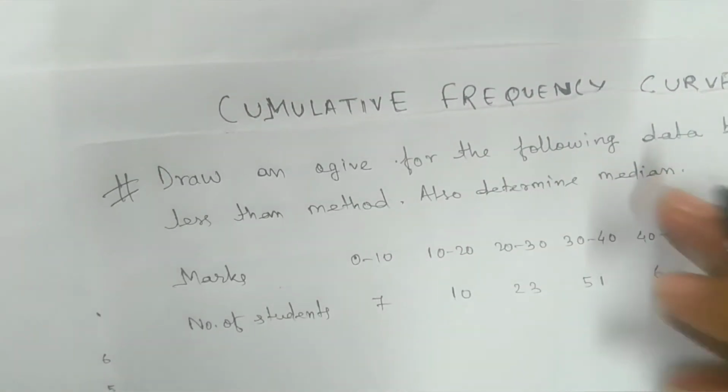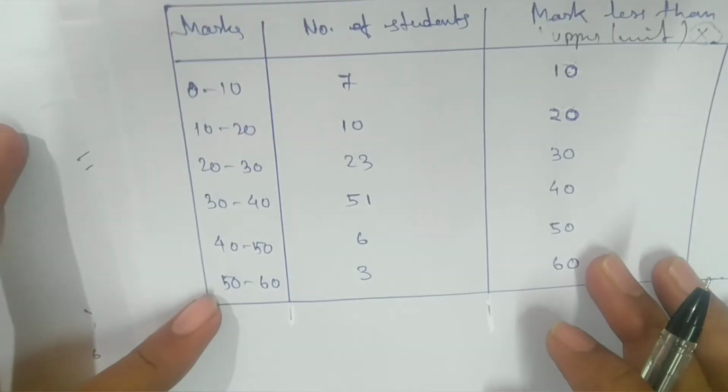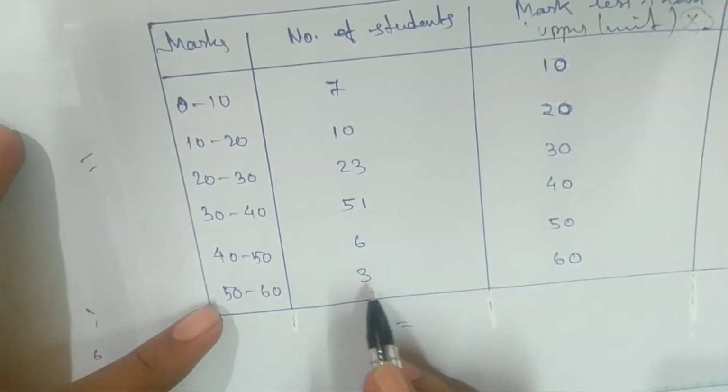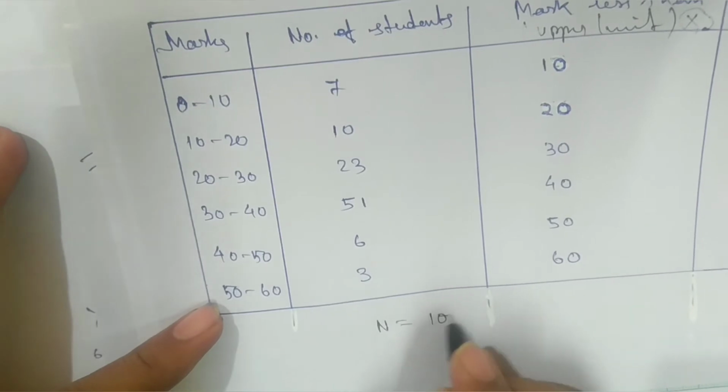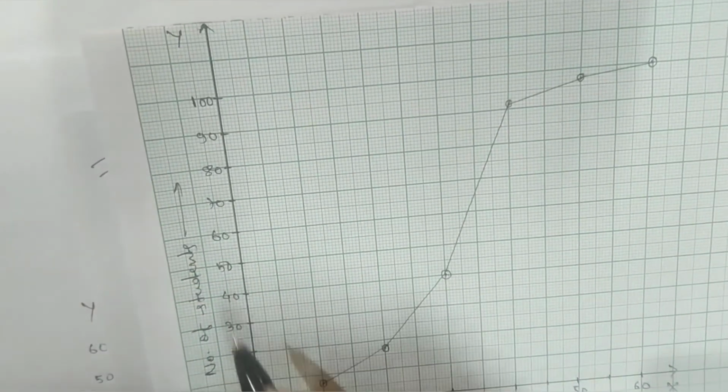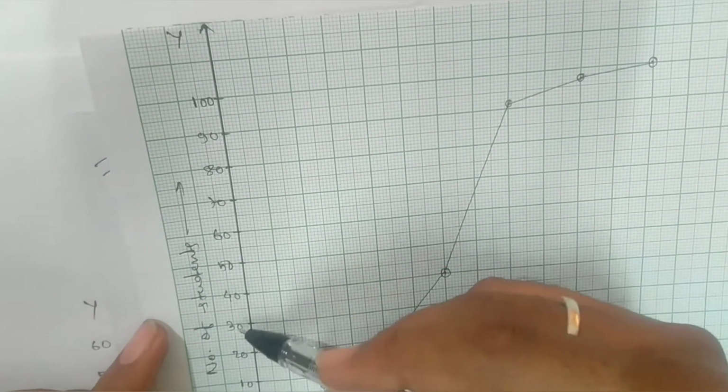So one more question is there, that is what? Also determine the median. To find the median, what we're going to do, we need to find n by 2. So n is what? Total frequency, that is 100. Now n by 2 means 50. So find 50 on the y-axis, that is frequency.